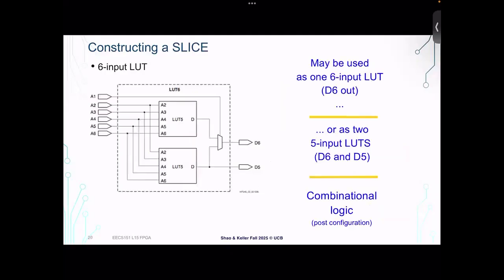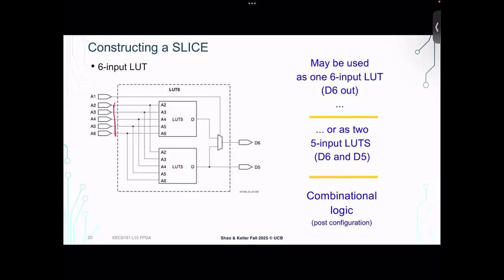Okay, how do we make even bigger LUTs? Well, we're going to just start having 2 LUTs and muxing between them. So in this example, we have 2 LUT5s, right? But then we have 6 inputs, 5 of which are inputs to the LUT5s, and then one of them is the select signal of the mux that says which one should I be using.